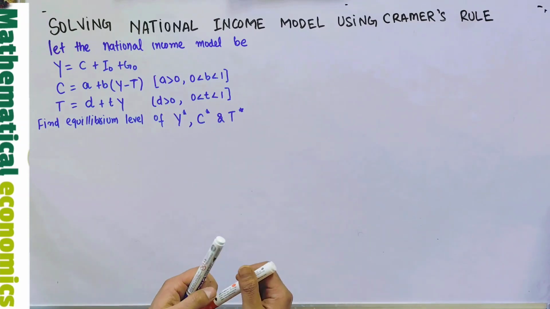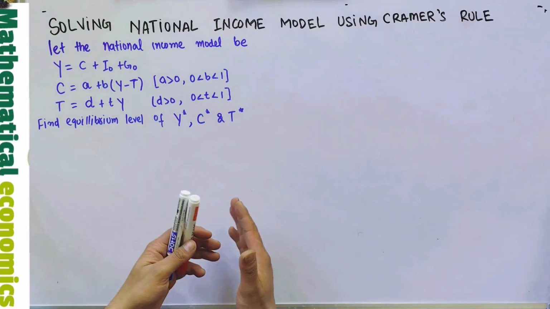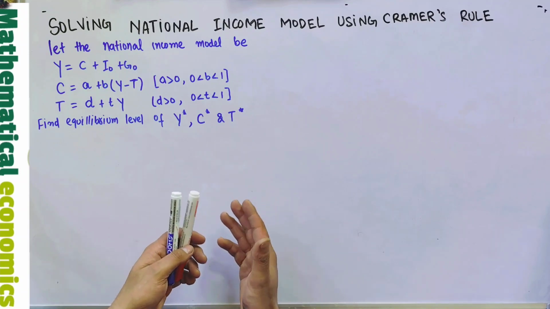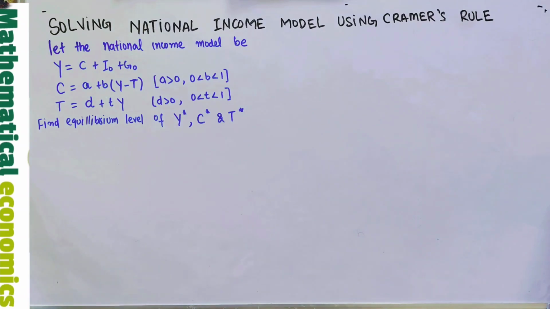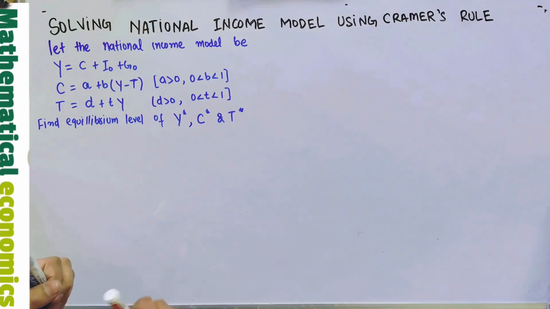First, let us find out what our endogenous variables, exogenous variables and constants are. To solve this, we first need to find these. Let me use another color. Let us rewrite these equations first.